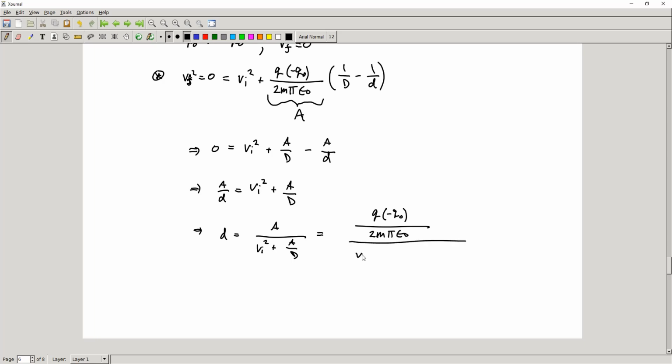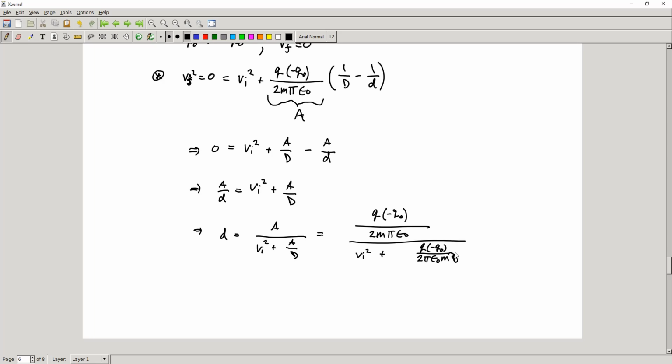This is all going to be over v initial squared plus this a again over d, so we're going to end up with q naught over 2 pi epsilon naught. There's an m there also that I forgot, and then this is all over our big D, right? And you could also just write it like this and clean it up one step. Just move the D up, and you'll end up with an expression that looks like that.